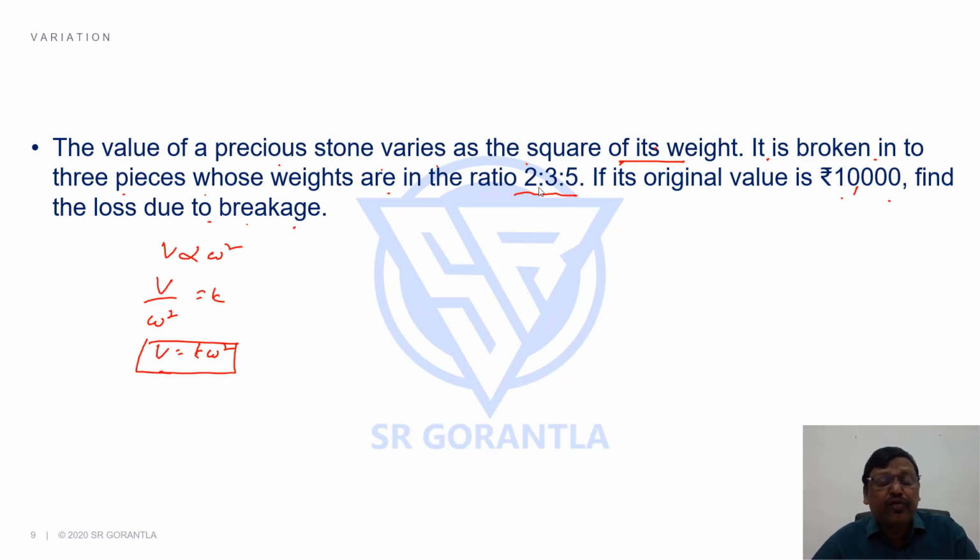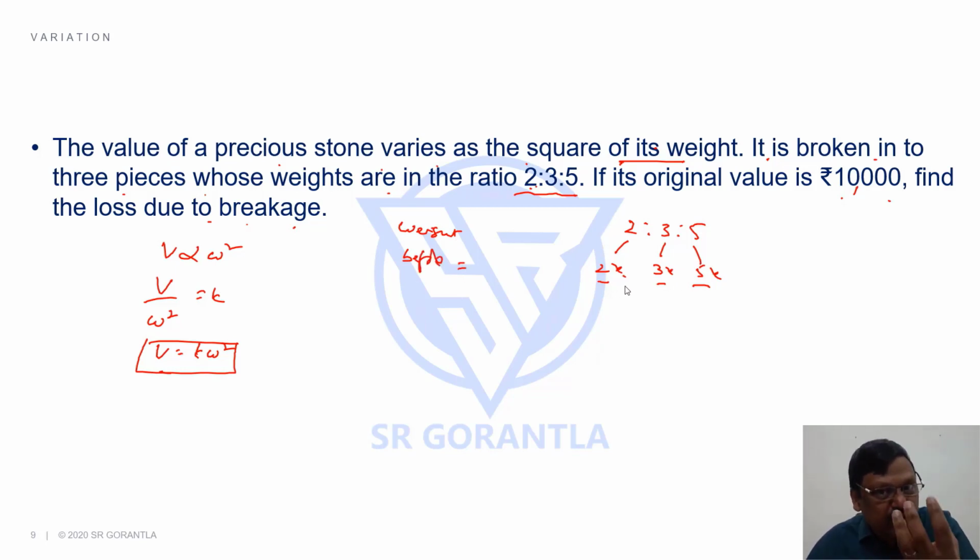Now, the original stone was broken into 3 pieces whose weights are in the ratio 2:3:5, which means let the weights of these 3 pieces be 2x, 3x and 5x. After it is broken, the 3 pieces' weights are 2x, 3x and 5x. The weight of the stone before it was broken is all these 3 pieces, because it is one stone only, right?